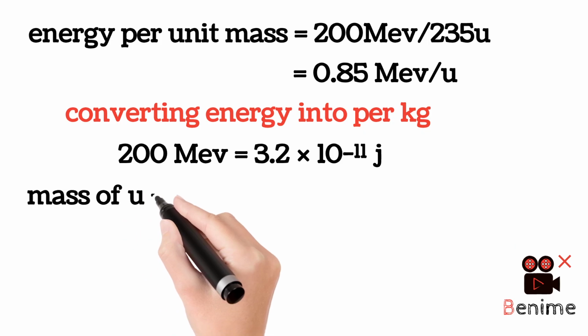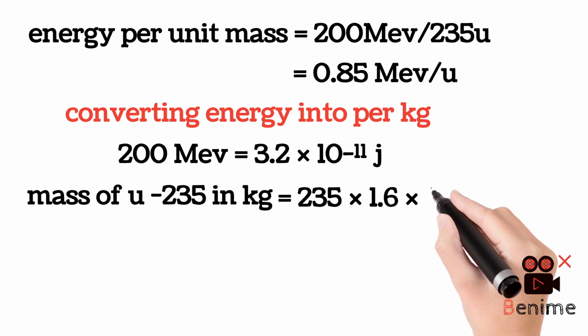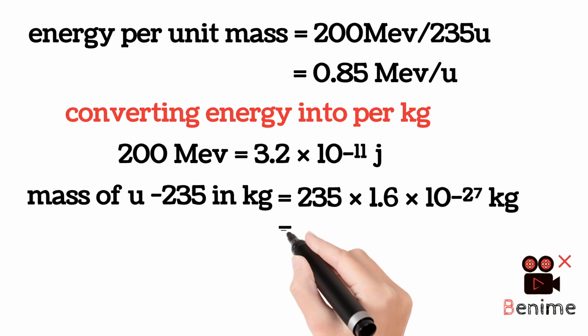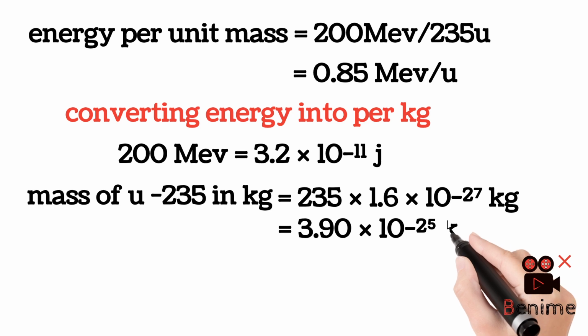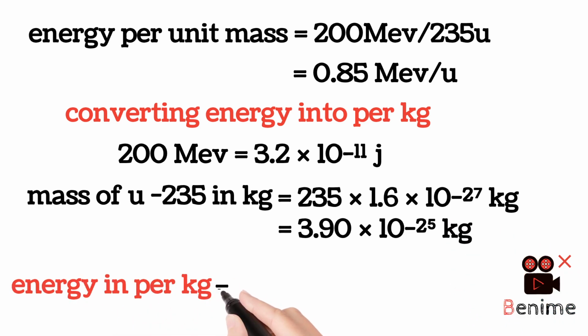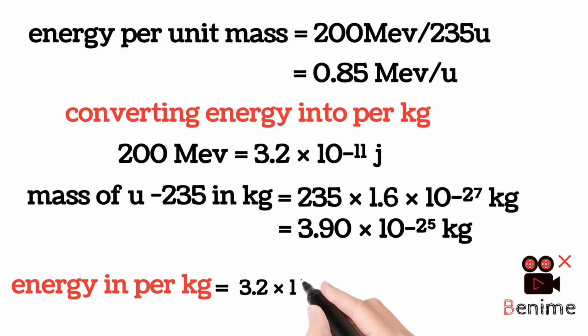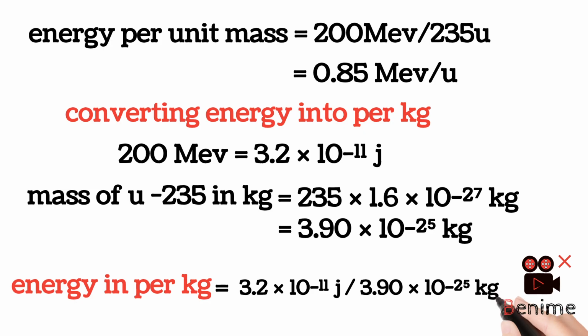To convert energy into per kilogram, we simplify by putting values, converting mass into kilograms and energy from MeV into joules. It comes out to 8.2 times 10 to the power 13 J per kilogram.